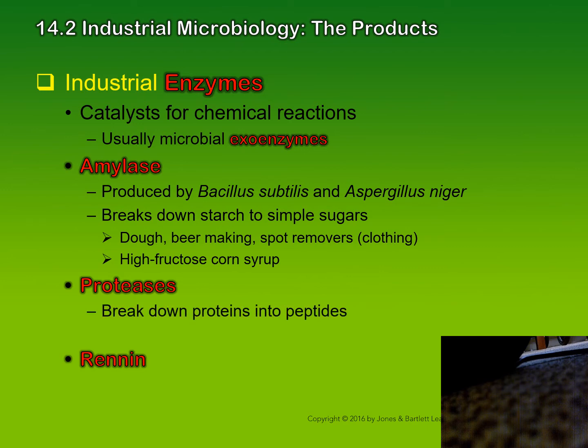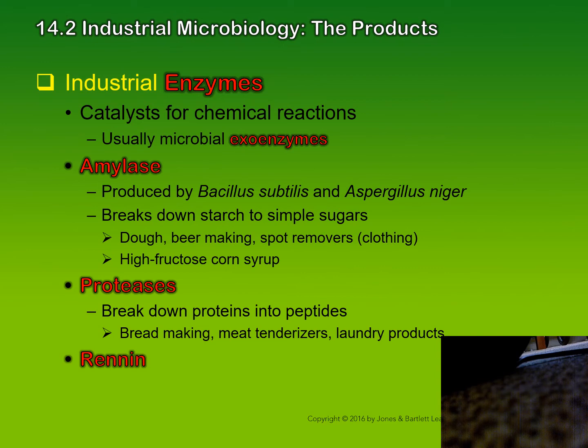Okay, so protease is something that breaks down proteins into peptides, and again, things like in bread making, laundry products, meat tenderizer. The meat tenderizer is one of the very prime uses, and you can buy it commercially in a grocery store.